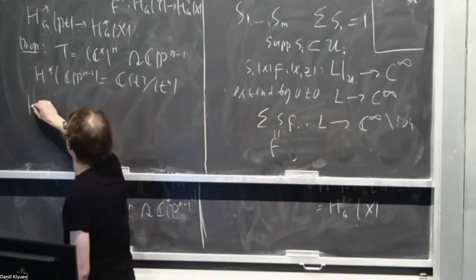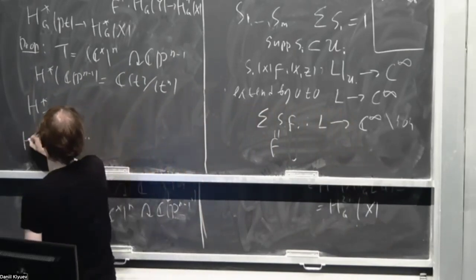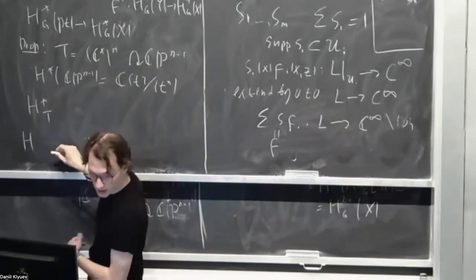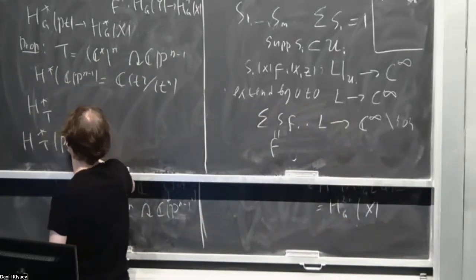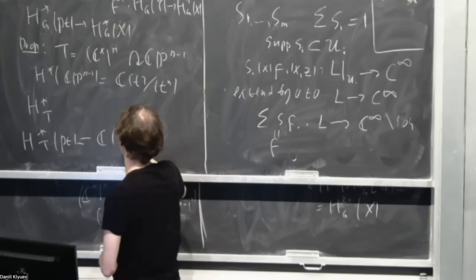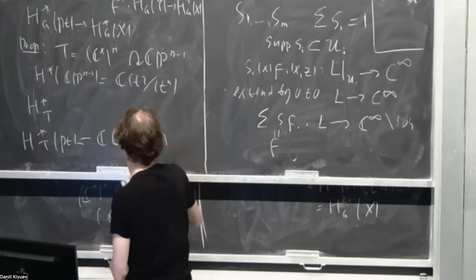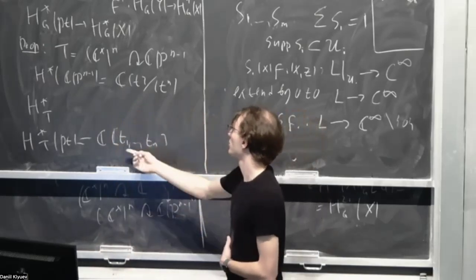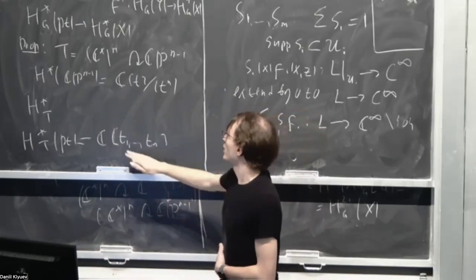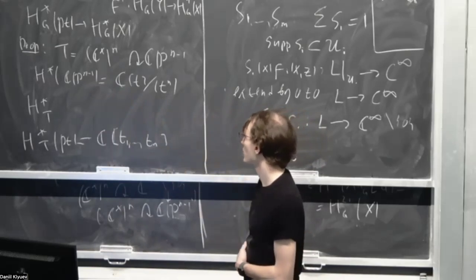But if we compute the equivariant cohomology ring, the notation is H*_T(point) = C[T_1, ..., T_n], just a tensor product of the cohomology rings for each C*, so a polynomial ring in n variables.